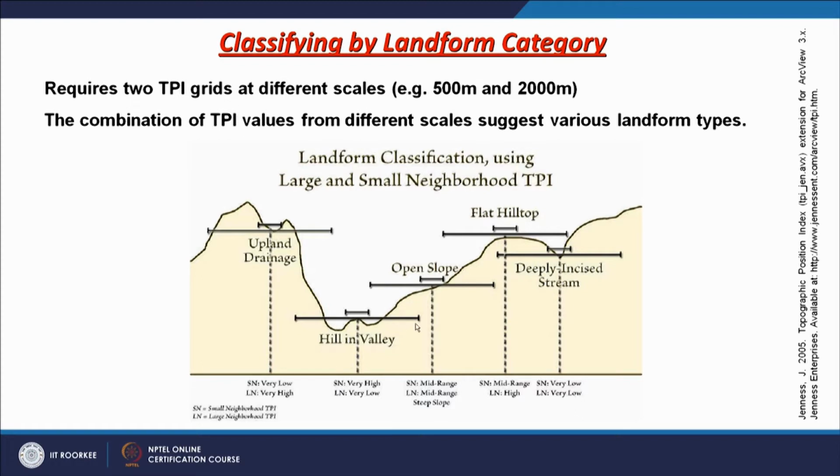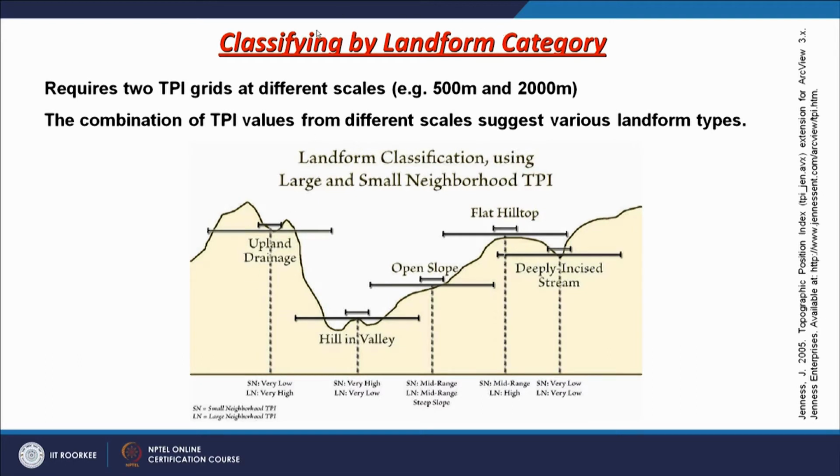Here is a hill in the valley, meaning in a valley area there is a hillock, and open slopes, flat hilltops, and deeply incised streams are other examples. It depends on TPI again. Here the small neighborhood TPI in this example is very low and the large neighborhood TPI is very high, so it is classified as upland.